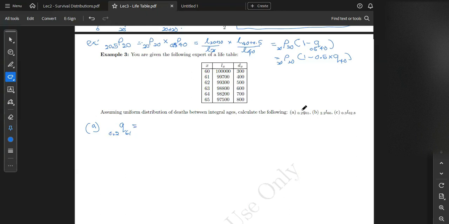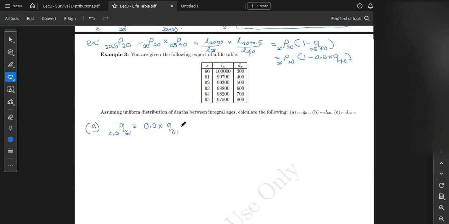So this is Qx directly, and we know how to calculate Qx if we are given dx and lx directly. It says the number of deaths from 61 to 62, which is D61, divided by L61. That is the direct approach, because we know it's t times from the equation we got.